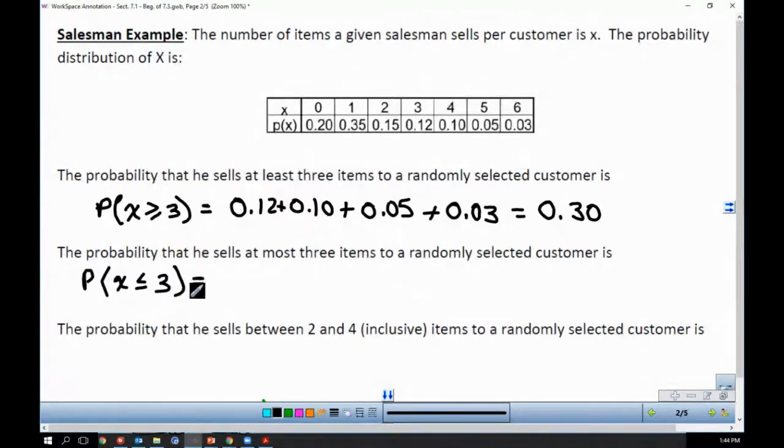And then we put 0.2 plus 0.35 plus 0.15 plus 0.12. And then we got the equals, 0.82. That's exactly right.